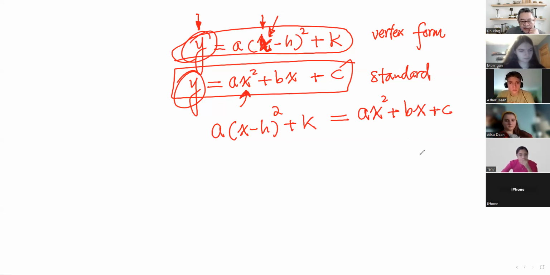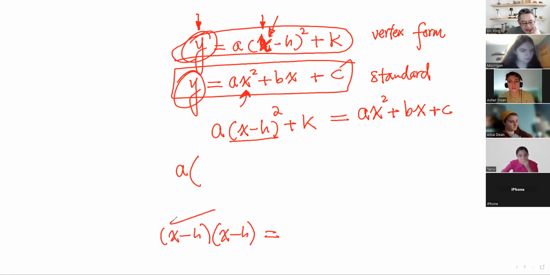Okay. So once we have that, then we can do some algebra. On this side, we see a, then this one we can expand. This is basically x minus h times x minus h.